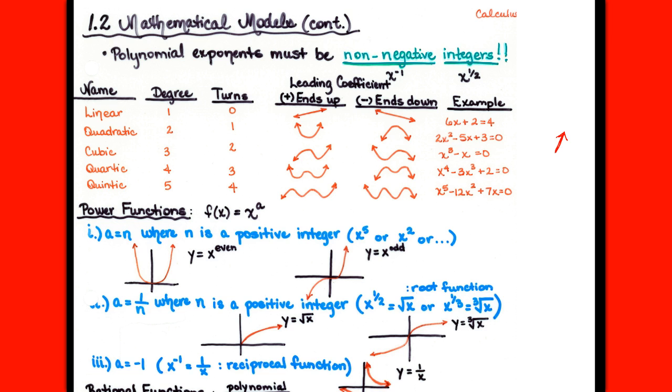If it has a degree of 3, it's going to turn 2 times, so I could go through then and say, okay, turn once, turn twice, okay, that's the basic shape of that graph. And so that's the power of this table, that it gave us a way to know what the graph was going to look like before we started trying to plot 20 points to figure out what it looked like.